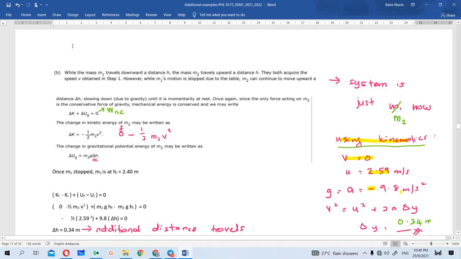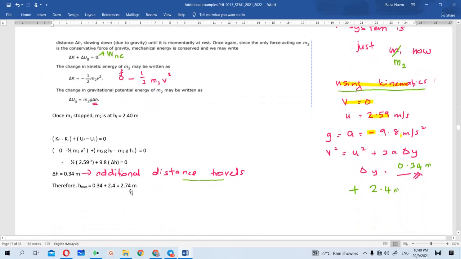And with that, as we do our substitution, this is the initial speed, similar to this one, 2.59, and leave H final minus H initial as delta H, and look closely at how we substitute the value of g, a positive value. Once you have done your calculation, observe that you arrive at the same answer as using kinematics, which is positive 0.34, to indicate that this is the additional distance travelled but in the upward direction.